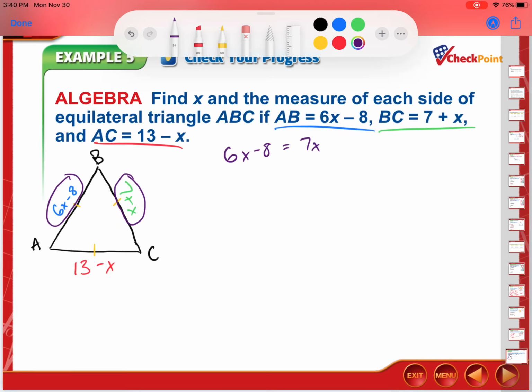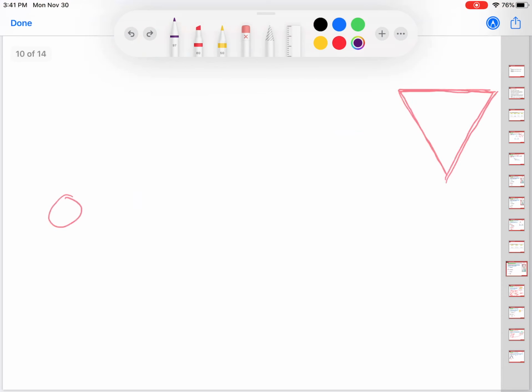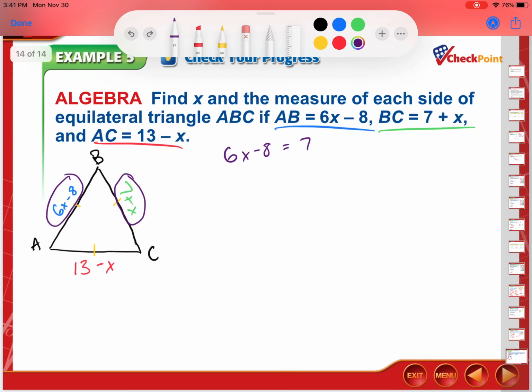Like I said, you can choose any of them. It's not going to make a difference. So 6x minus 8 equals 7 plus x. Okay, that would be helpful to write correctly.